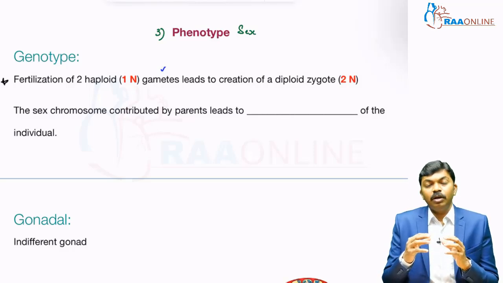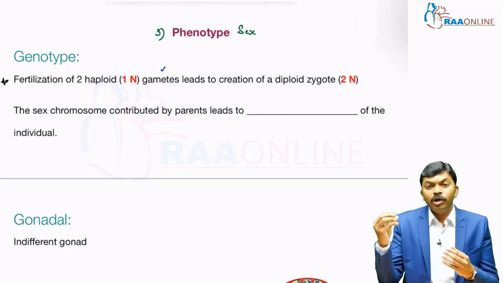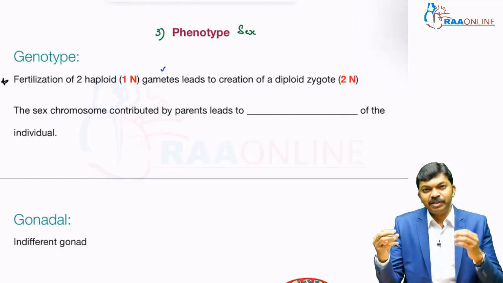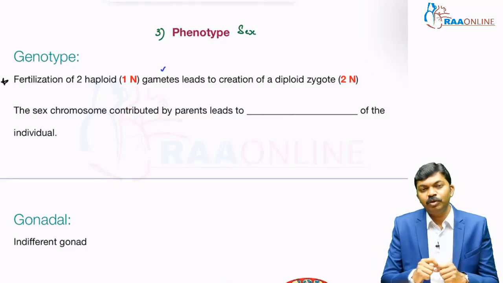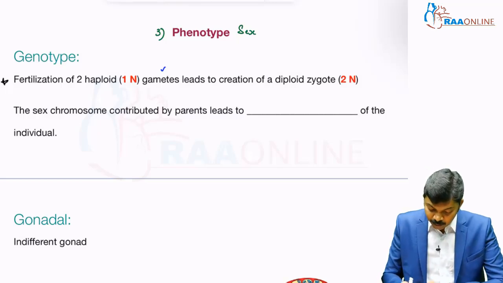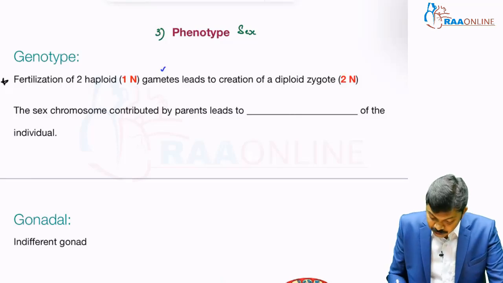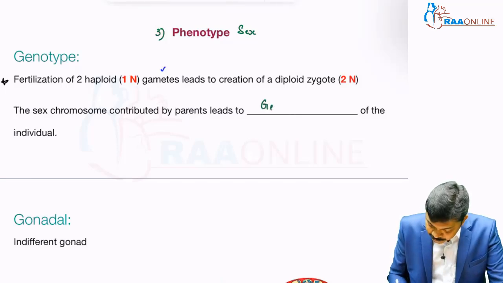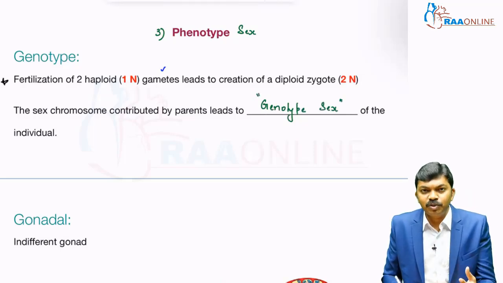So when I say two gametes are fusing, what are the sex chromosomes present in these two gametes? Is it X chromosome and X chromosome, or is it X chromosome and Y chromosome? So people, the sex chromosome contributed by parents leads to the genotype of the individual. So the genotype sex of the individual is determined by the sex chromosome, and who contributes that sex chromosome?